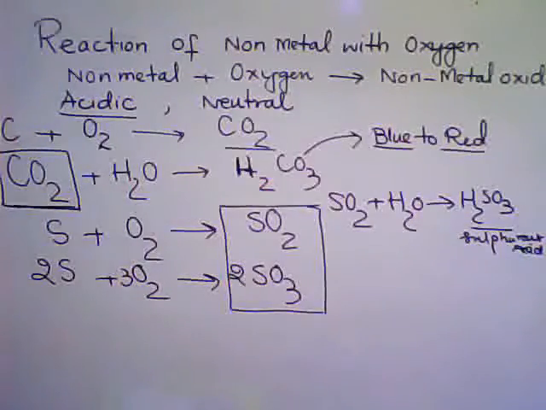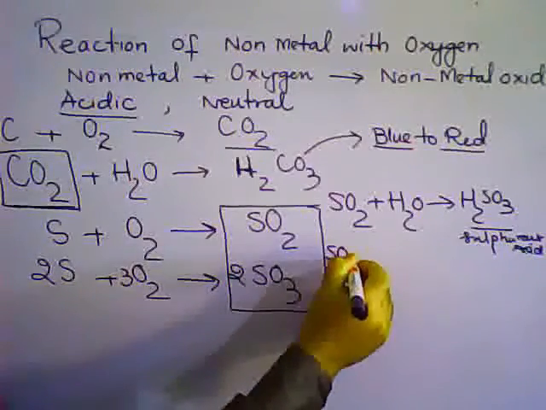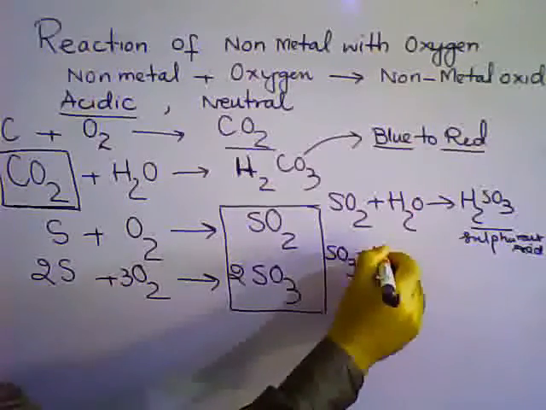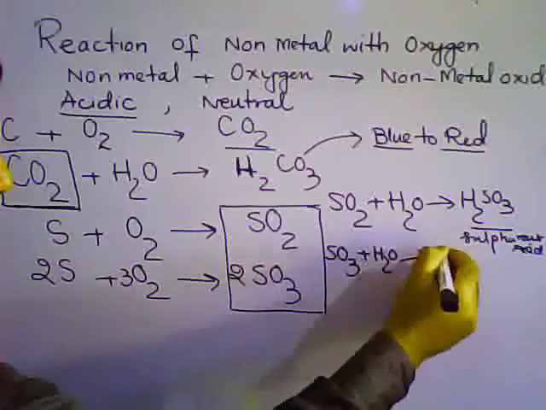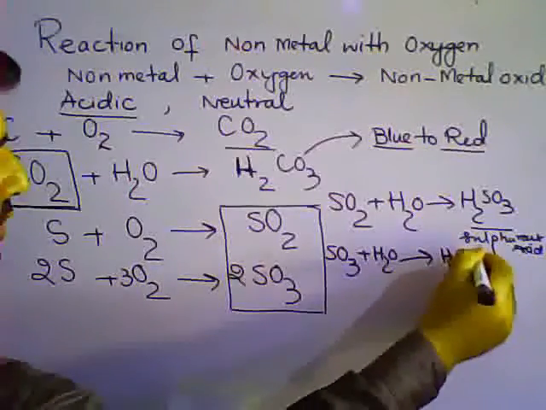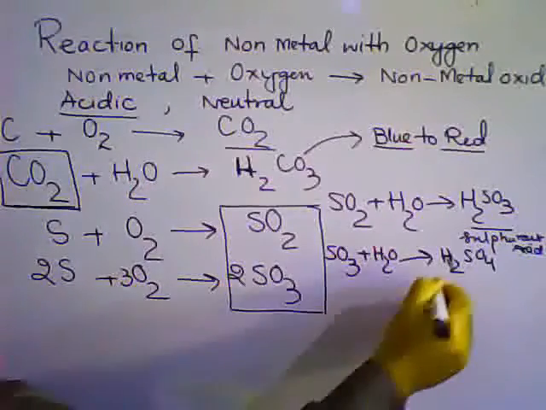Okay, dear, now if we dissolve this trioxide in the water, the product formed will be actually a compound that is known as king of chemicals, and the acid is known as sulfuric acid. So if we dissolve this sulfur trioxide in water, we are getting H2SO4. Okay dear, H2SO4, this is sulfuric acid.